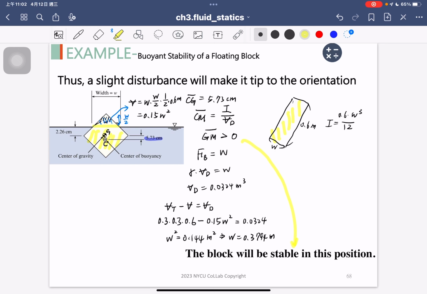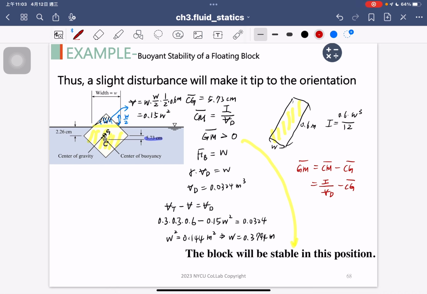And I just emphasize again, the GN distance will equal the CM minus the CG distance. And the CM is equal to the I, the second moment, divided by the displaced volume.